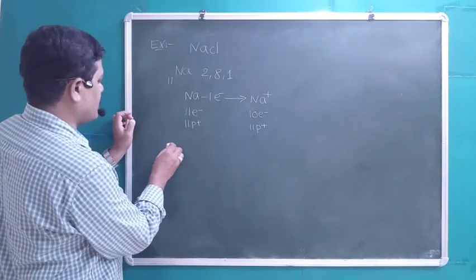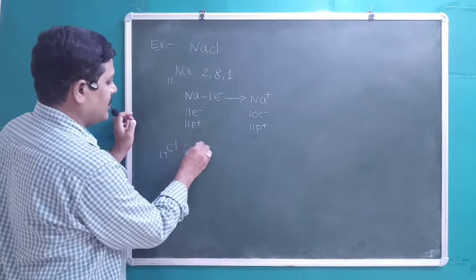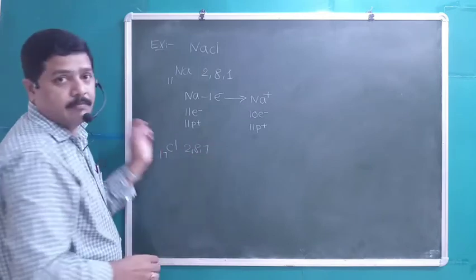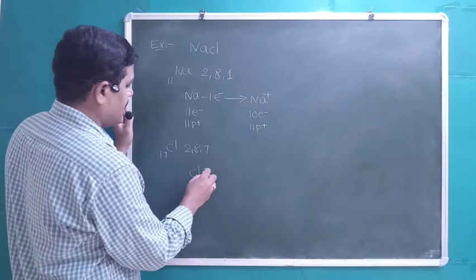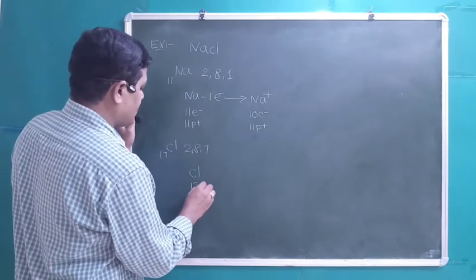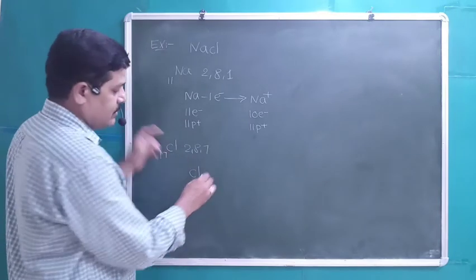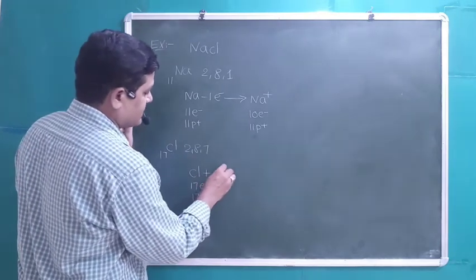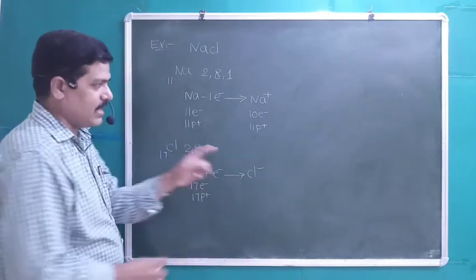Then in the case of chlorine, the electronic configuration is 2, 8, 7. Being a non-metal, it will accept the electron. Right? Cl has 17 electrons and 17 protons when neutral. When it gains 1 electron, it gets 1 unit of negative charge, Cl minus.